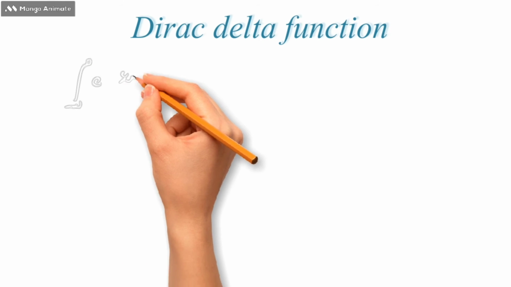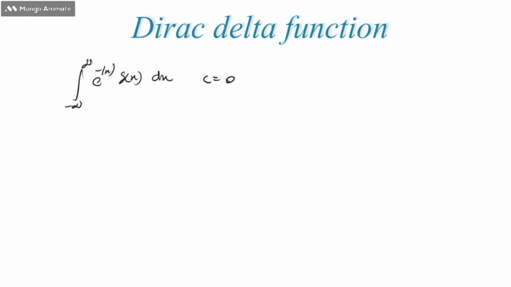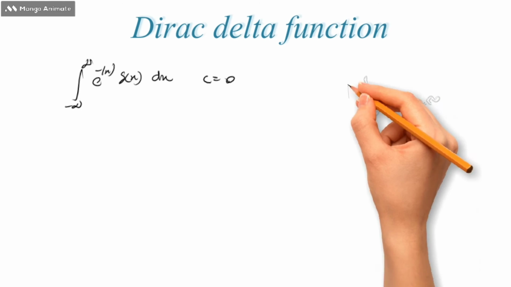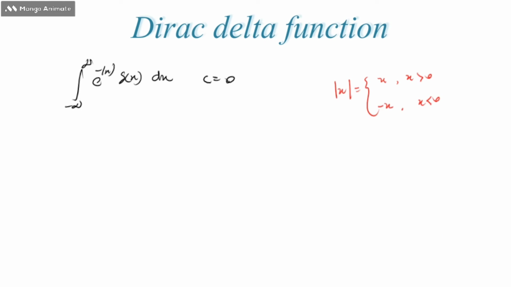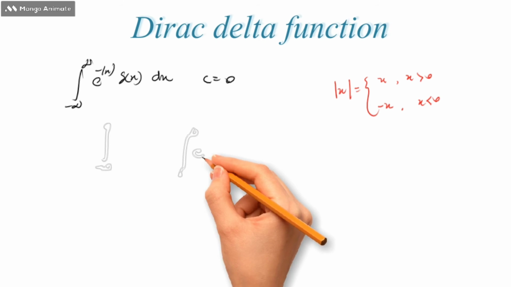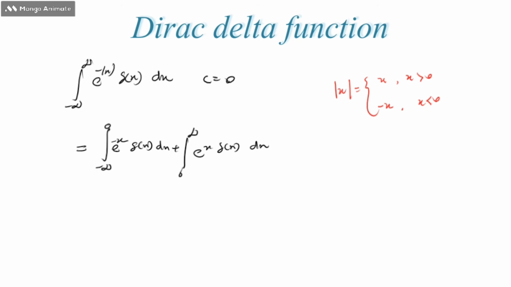Next question is integral minus infinity to plus infinity exponential of mod x delta of x dx. It includes a mod function, that is, mod x will be x when x is greater than 0 and it will be minus x when x is less than 0, so the integral is split into 2, that is, integral minus infinity to 0 exponential minus x delta of x dx, plus integral 0 to infinity exponential x delta of x dx.